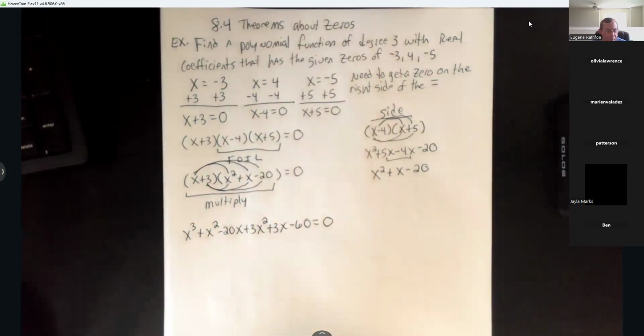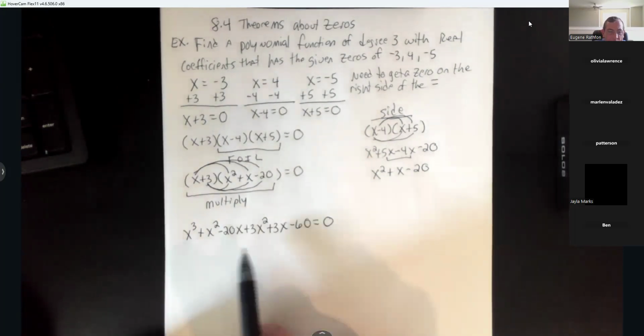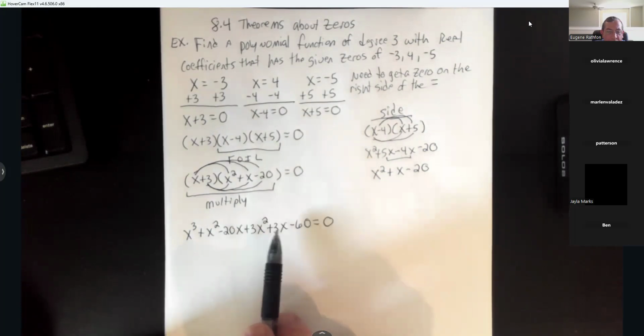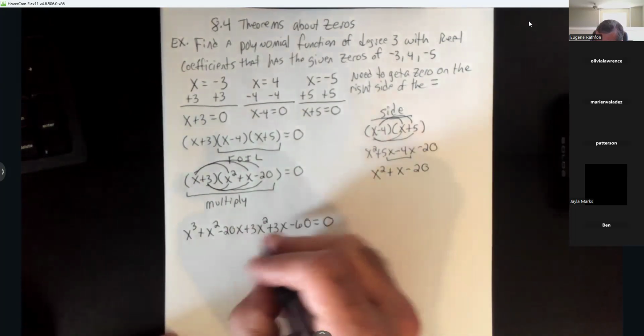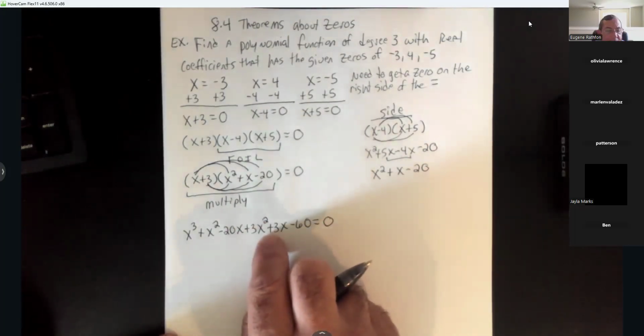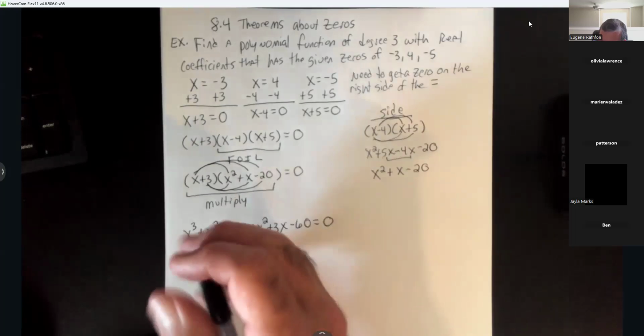So, could we go further on that one? Oh, yeah, good job, Olivia, because we got like terms here and here, and then like terms here and here. So I can add the x squares together and then the x's, okay? So I'm going to bring down my x to the third.